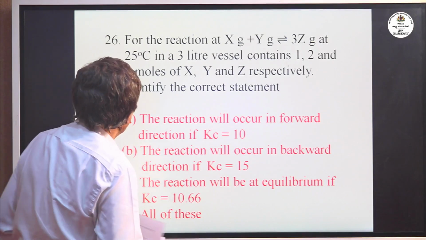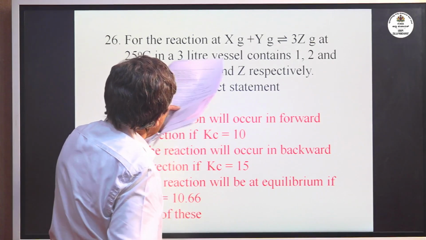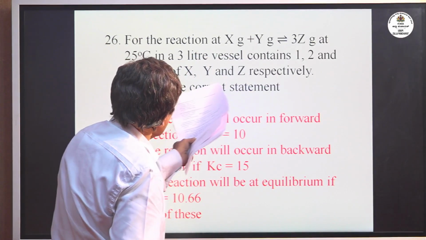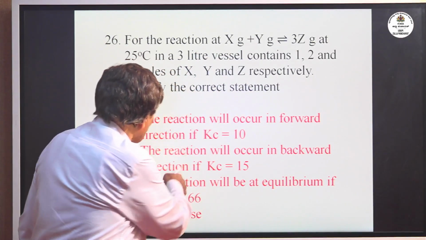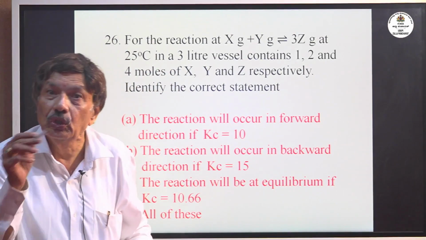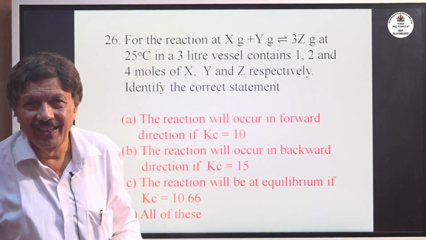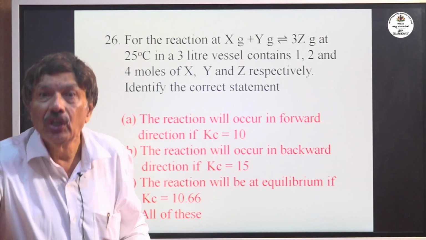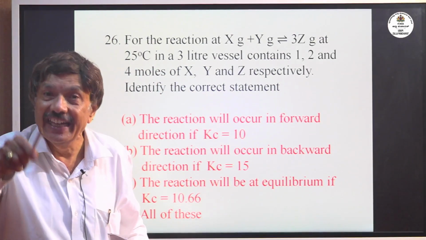See here. For the reaction X, Y, 3Z, they are given these quantities and these are the options. See, for a reversible reaction, QC will be there, KC will be there. Though the expressions are same for both QC and KC, QC you can find out at any time.